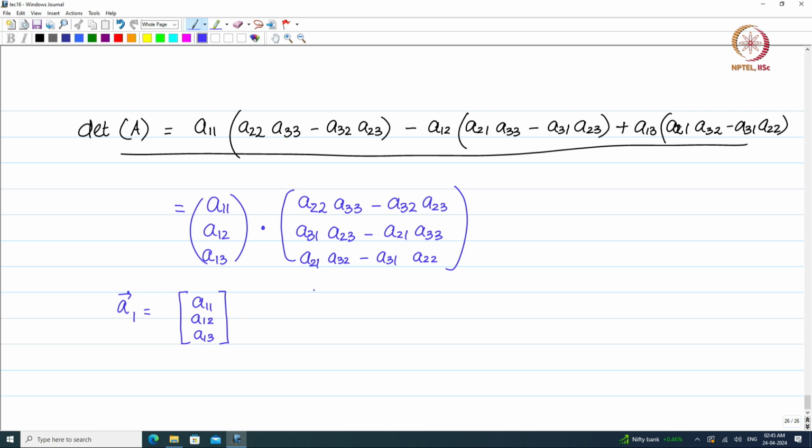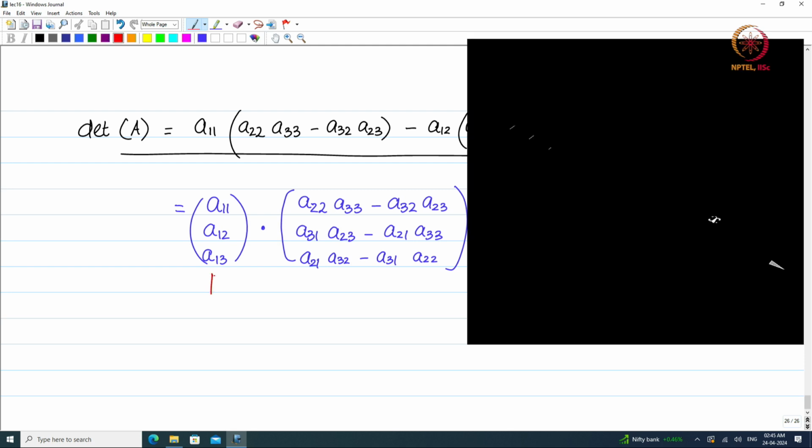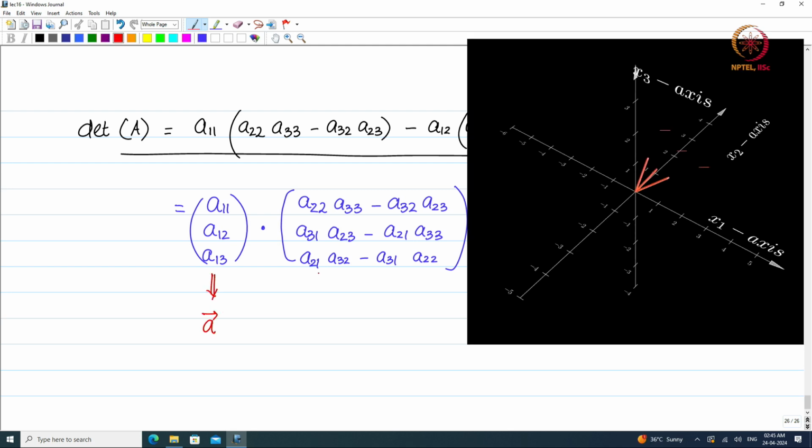If I call the rows the vectors A, B and C, this corresponds to the cross product B cross C. This is what we had already seen when we looked at solving a homogeneous system of two equations with three unknowns. We said that the solution to that is the cross product of the two vectors. That is precisely what we see here. So, this is nothing but A dot B cross C.